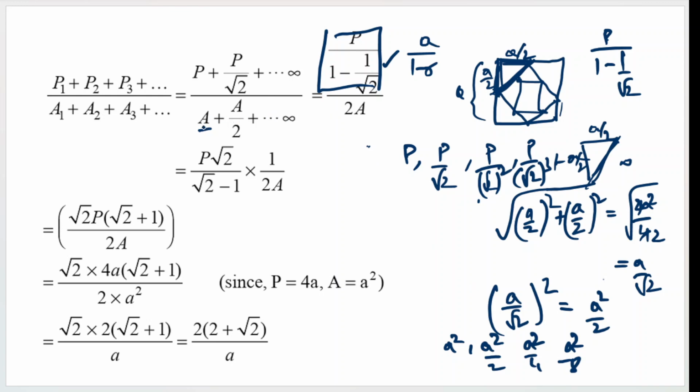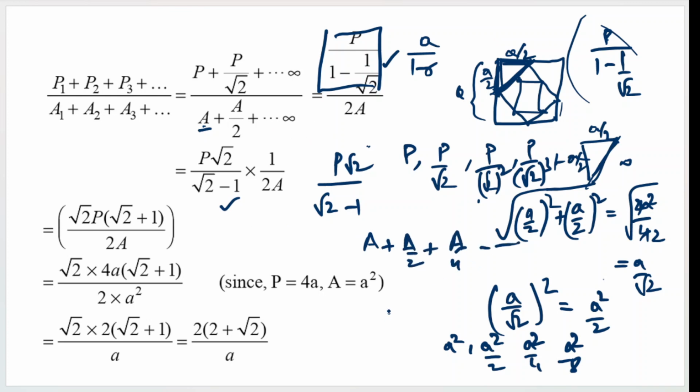If you take the area of the first square, small a square, and denote it as capital A, then the sum is A plus A by 2 plus A by 4 and so on, which becomes A by 1 minus half, which is 2A.